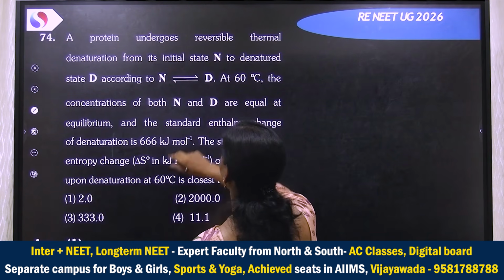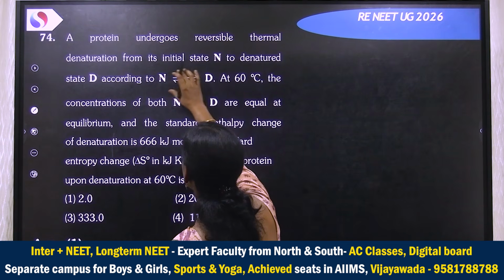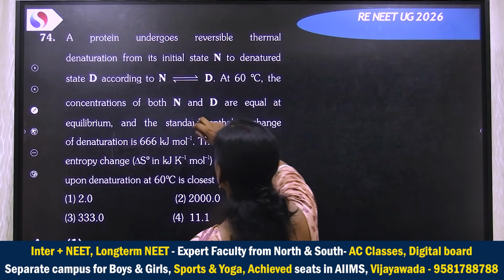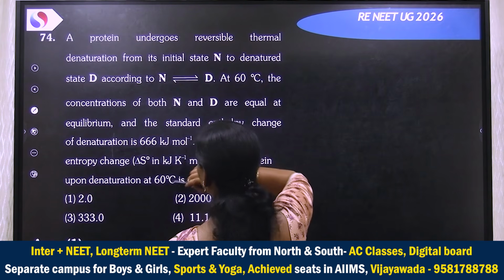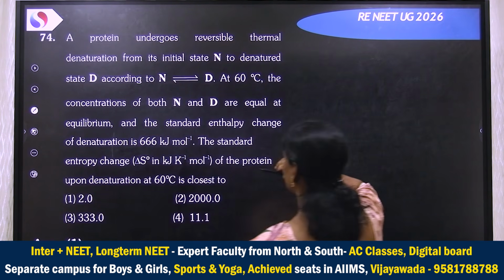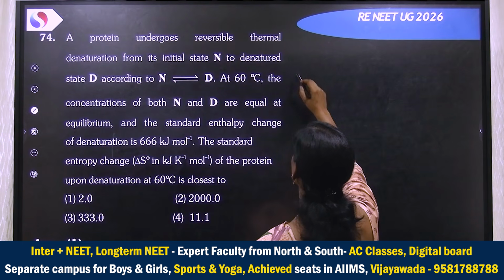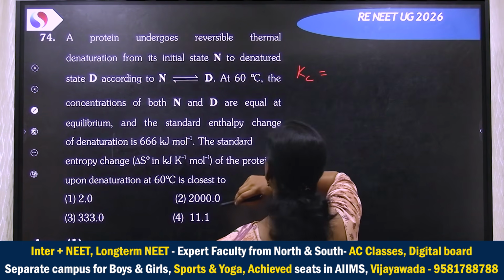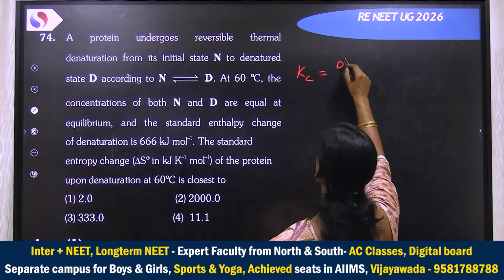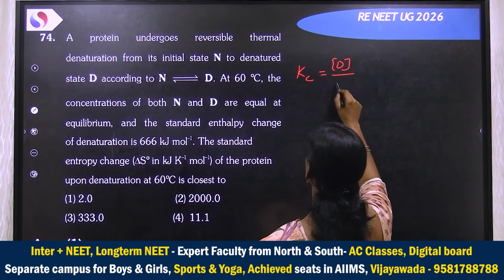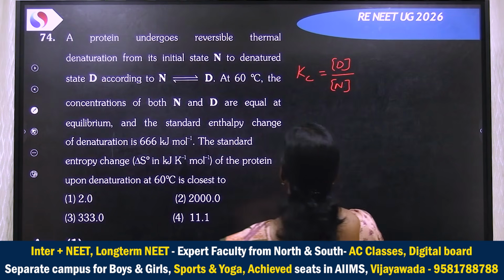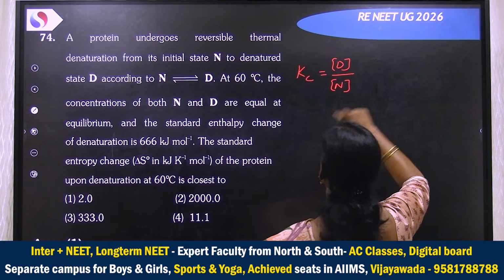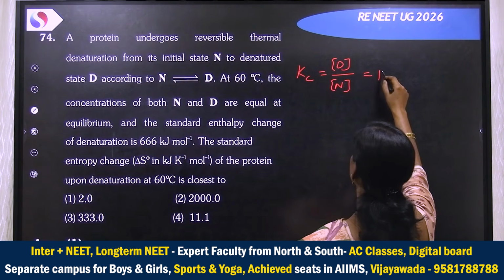First, if we observe this equilibrium reaction, N gives rise to D. If the concentrations of N and D are equal, then for this reaction Kc equals concentration of D by concentration of N, and if the concentrations of these two are equal, then Kc equals 1.